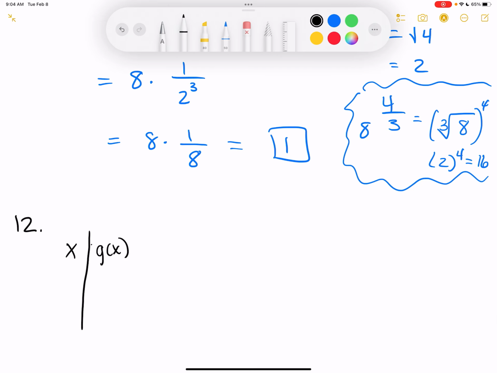So the x values are -2, -1, 0, 1, and 2. The g of x values are 108, 36, 12, 4, and 4 thirds.